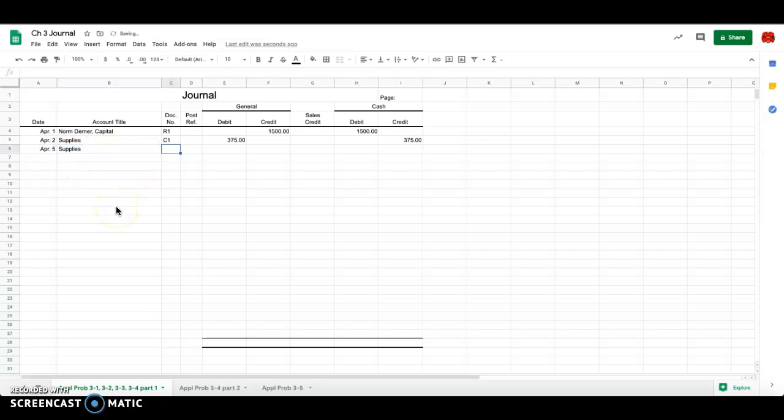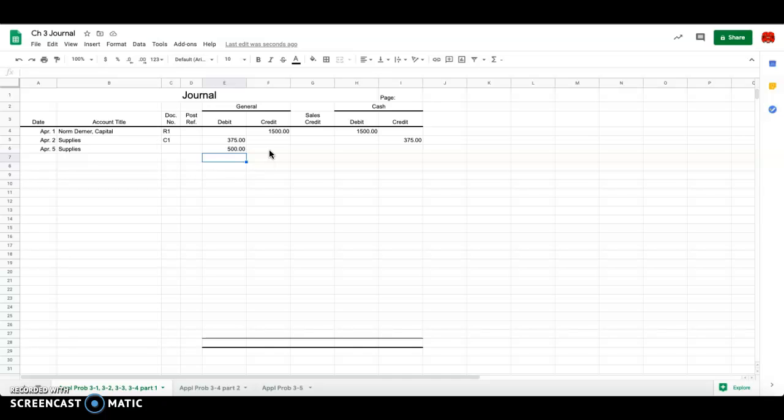So I'm going to put supplies, and I'm going to come over here to the debit column, and I'm going to put $500. Okay, so now bought supplies on account doesn't have anything to do with a sale, doesn't have anything to do with cash. All right, so that puts us back over here to this general credit.